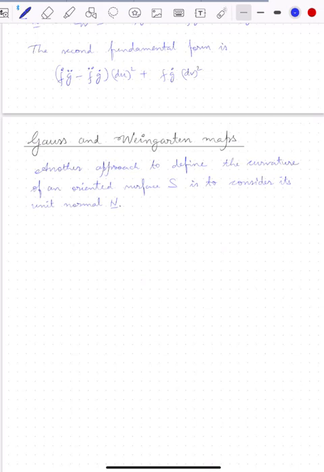And what we'll see is that n varies rapidly near a point at which the surface is highly curved, and varies slowly where the surface is slightly curved.